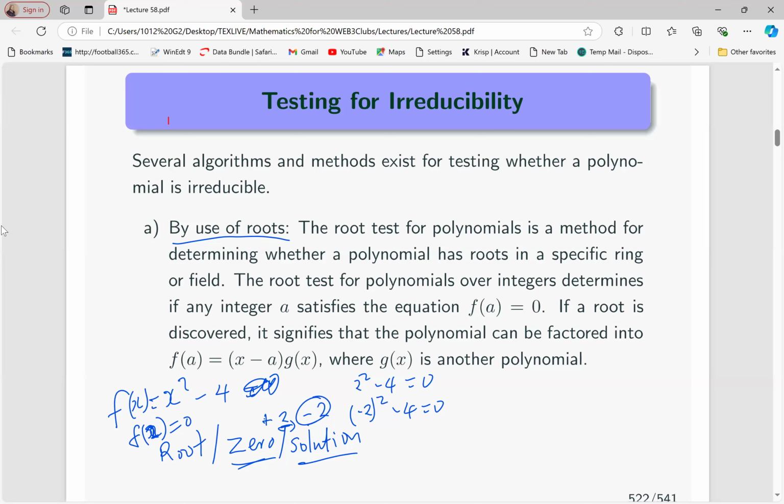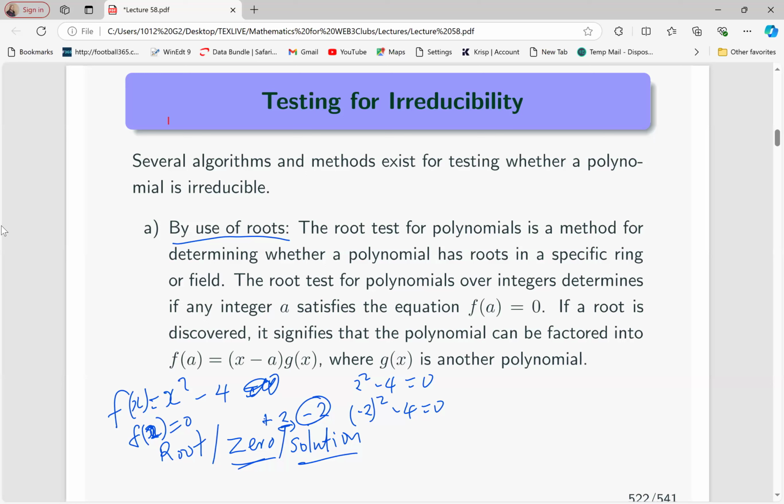So what we'll be doing, therefore, given a polynomial in a given field, is to check if that polynomial has roots. If it has roots in that field, then we say it's reducible. If it has no roots, then we say it's irreducible in that field. Of course, not with certainty. Sometimes it could be irreducible, but you have to apply other techniques.